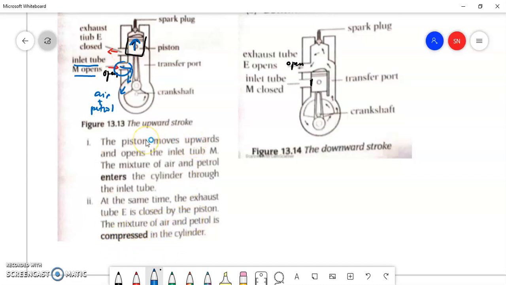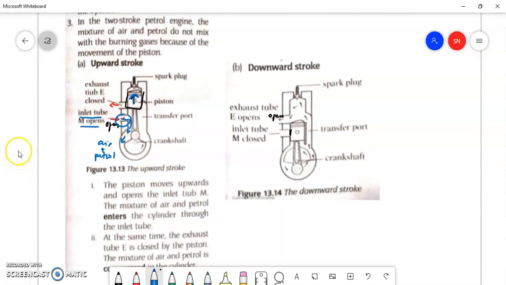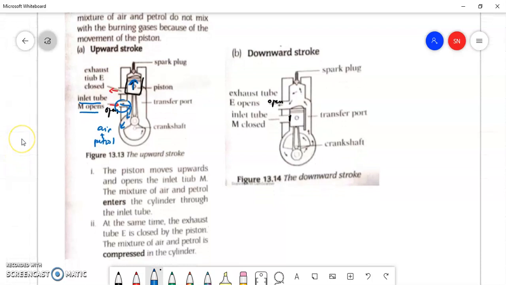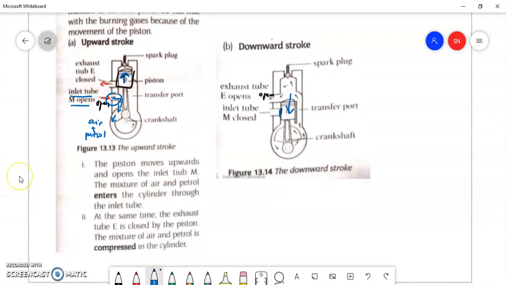When the piston moves downwards like this, the inlet valve is closed, but the exhaust valve is open.